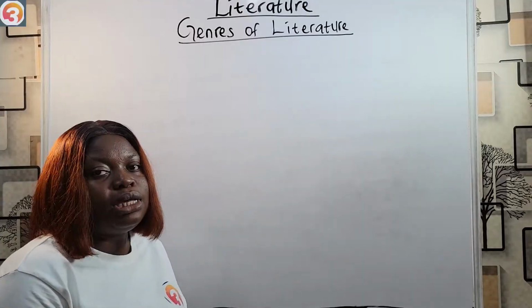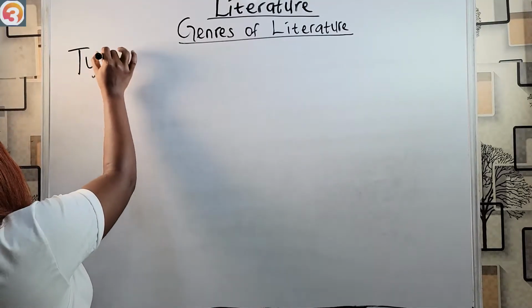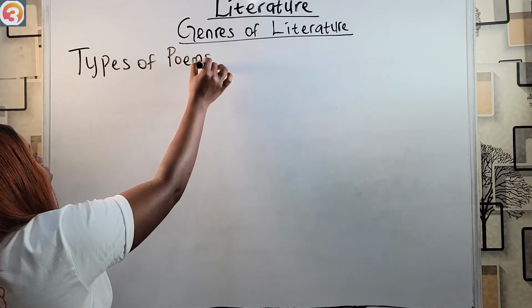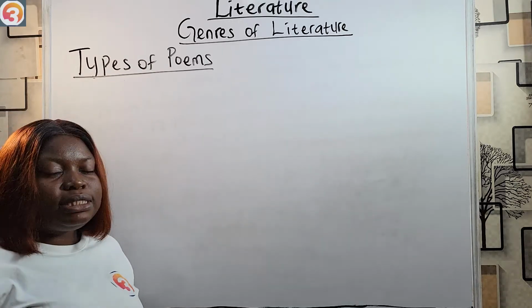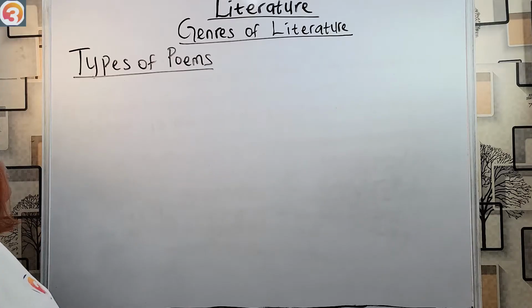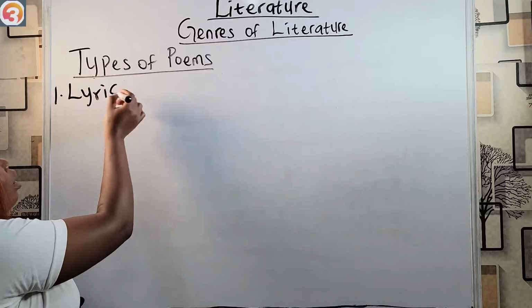So let's now look at the types of poems. There are different kinds of poems with distinct characteristics and features. Let's look at the common ones that we have. First off, we have lyric or lyrical poem.